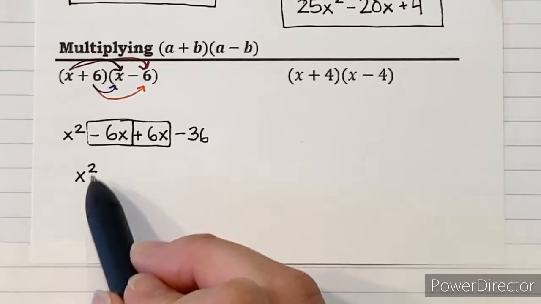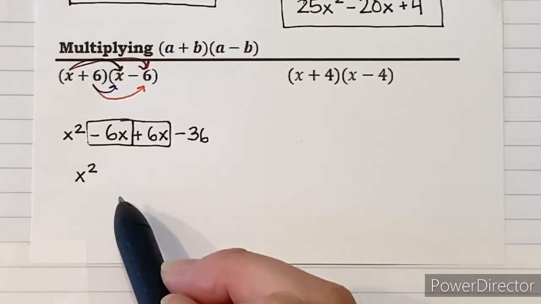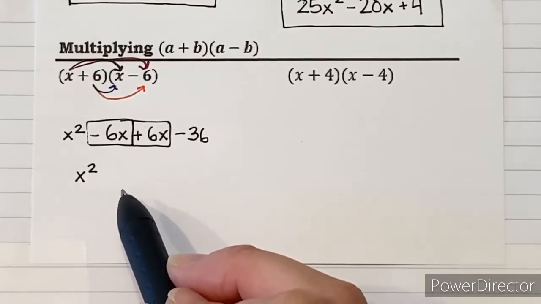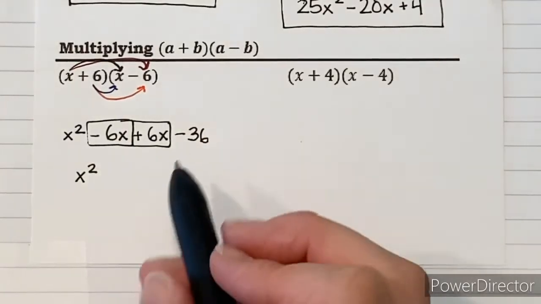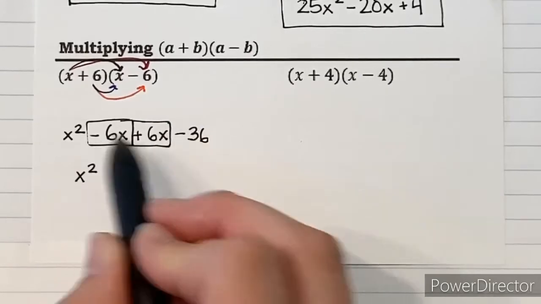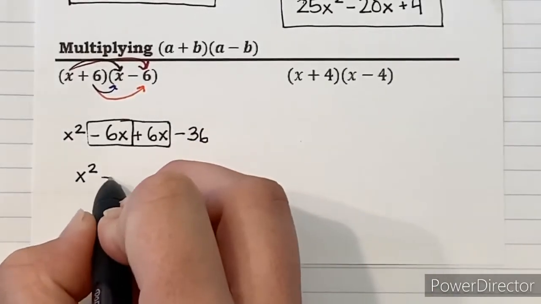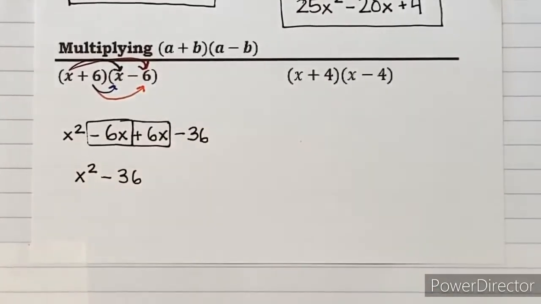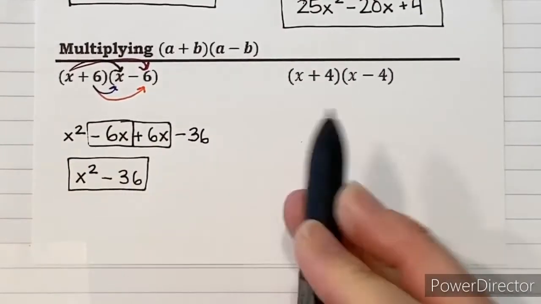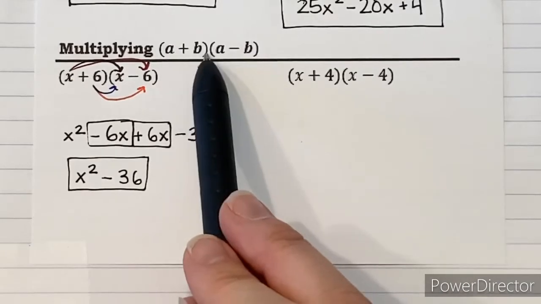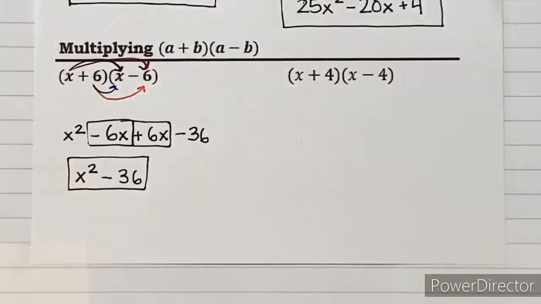If you want to write plus 0x right here, you can, but you will not see it written on a test, on a worksheet, on anything, okay? So these cancel each other out, which leaves us with a minus 36. And there you go. So there's the pattern that happens with these. If these are the same, just opposite signs, that middle term is going to drop out.